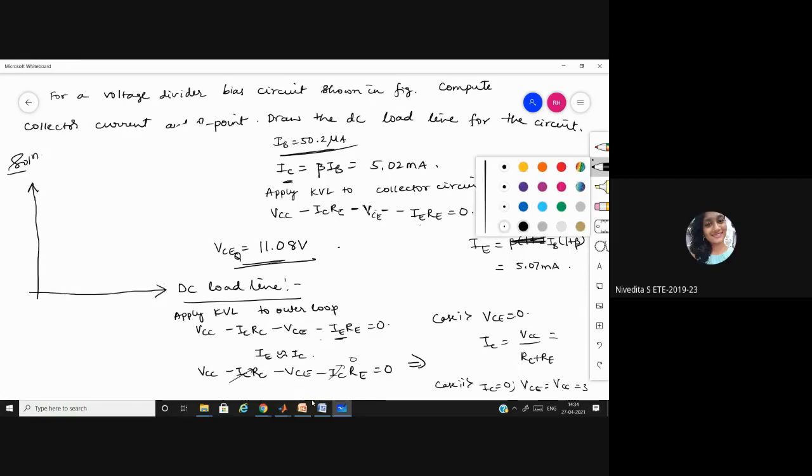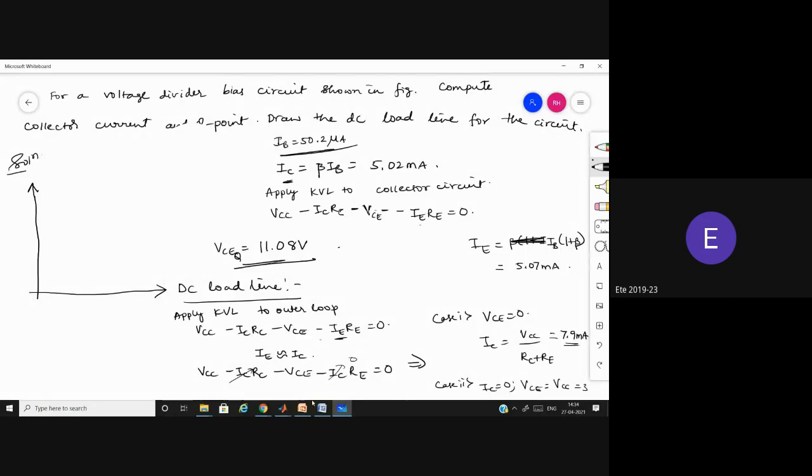So 7.9 milliamps, yes, correct. That is the current we are having, and 30 volts. So VCE and IC axes: 1, 2, 3, 4, 5, 6, 7 here, and 5, 10, 15, 20, 25, 30 here.